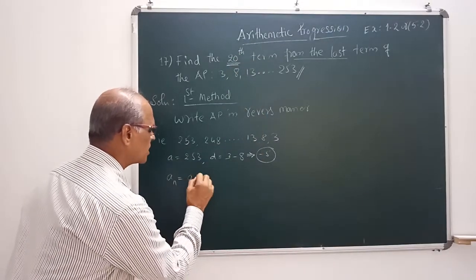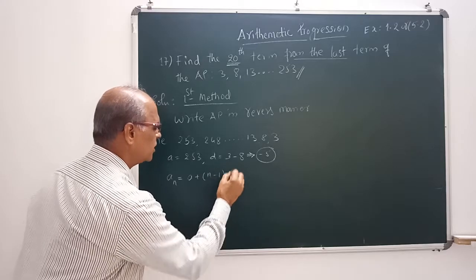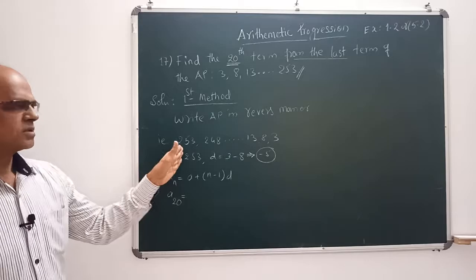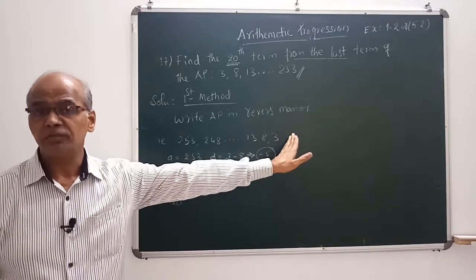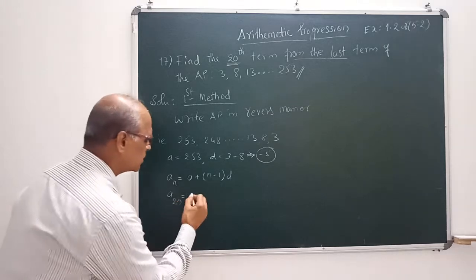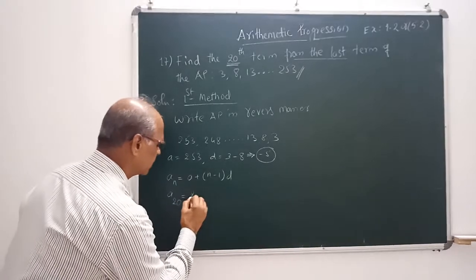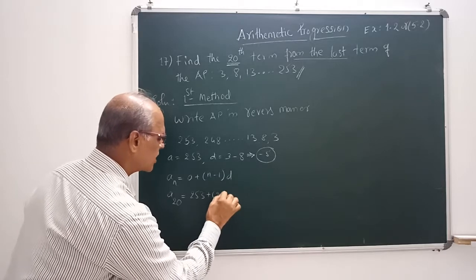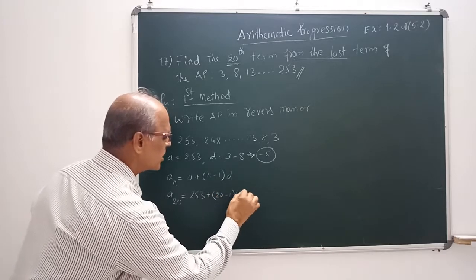I'll apply the formula: A plus n minus 1 D. A20 we have to find, in the same manner as you have solved all these earlier sums. A20 is equal to A, which means 253, plus n, which means 20 minus 1, into D, which means minus 5.